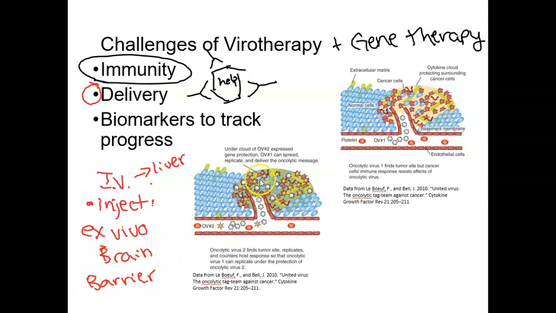So you can try to provide one virus that's going to help against the immune system and another virus that would directly kill the tumor. Though when you're combining viruses, this does up the ante because you have to prove that both of these can be safe. You have to look at the safety profile of both of these. And whenever you're dealing with the immune system, you really have to be careful because you don't want to overstimulate the immune response and possibly send the person into shock.